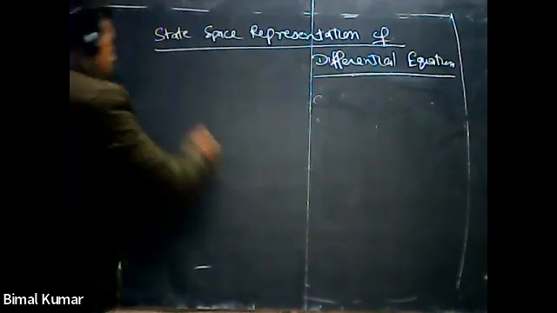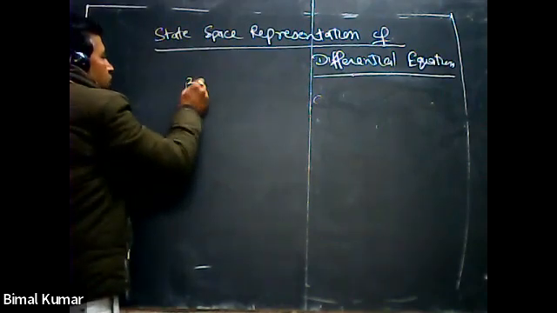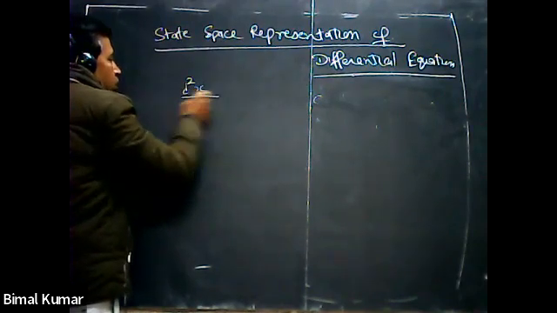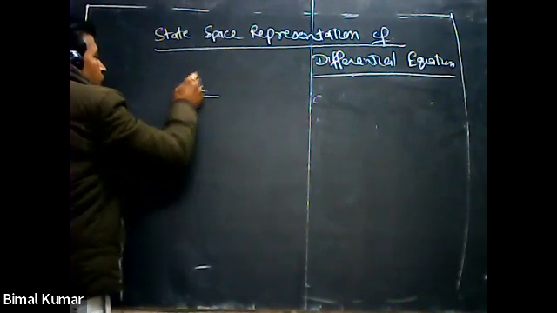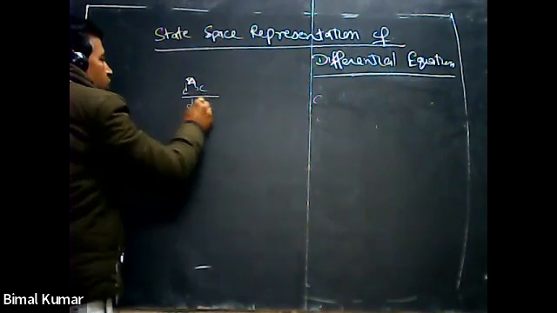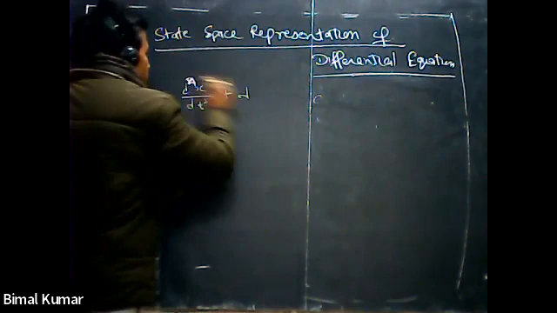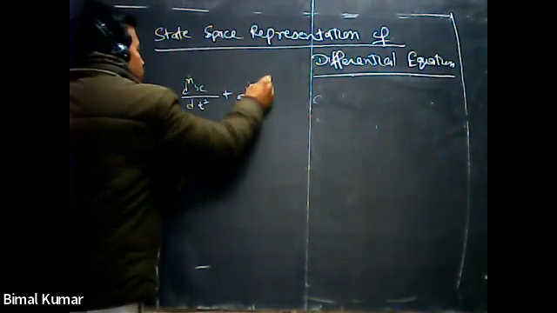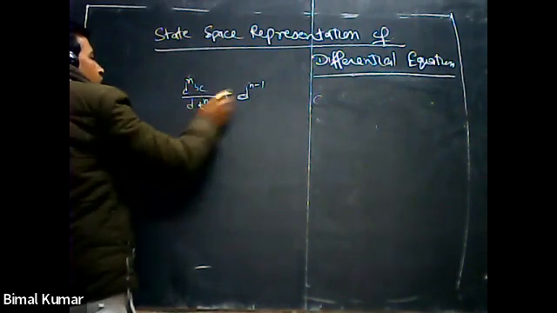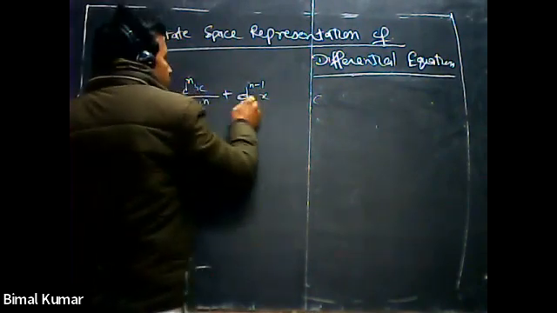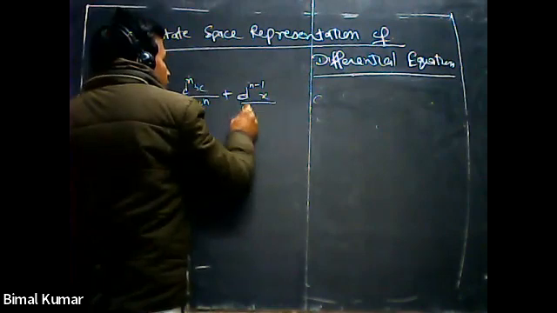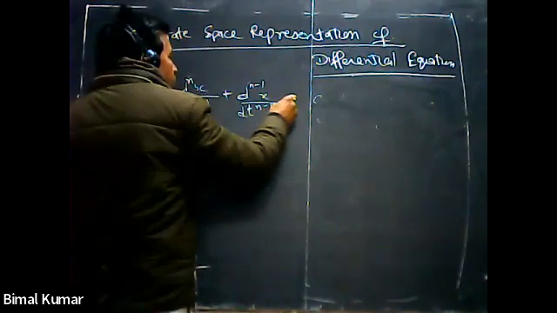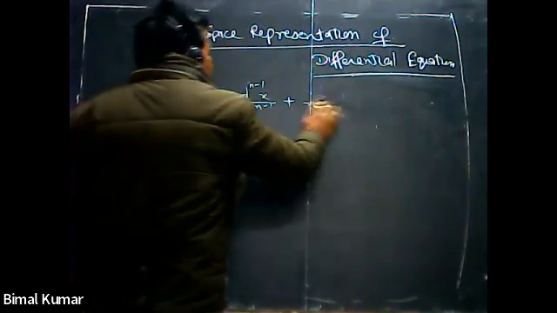So let us take an example. Let us say this is d^n x upon dt^n plus d^(n-1) x upon dt^(n-1) plus so on.